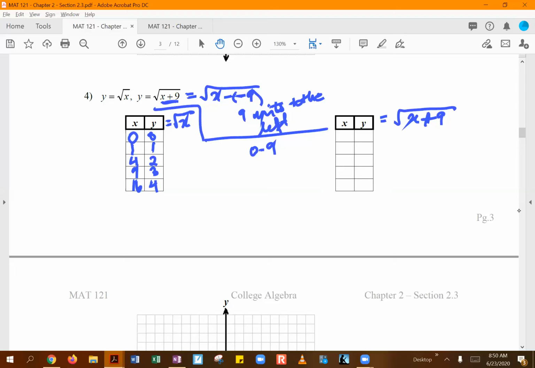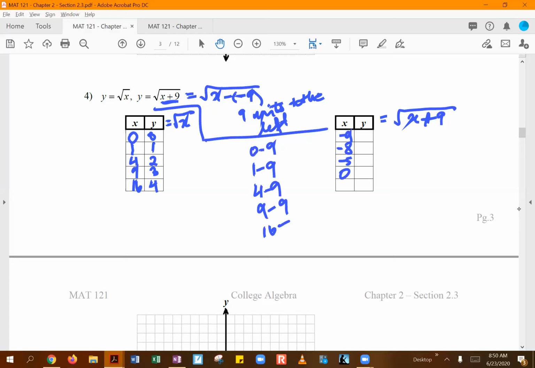So 0 minus 9 will of course give us negative 9. 1 minus 9 will give you negative 8. 4 minus 9 would of course be negative 5. 9 minus 9 would give us 0.